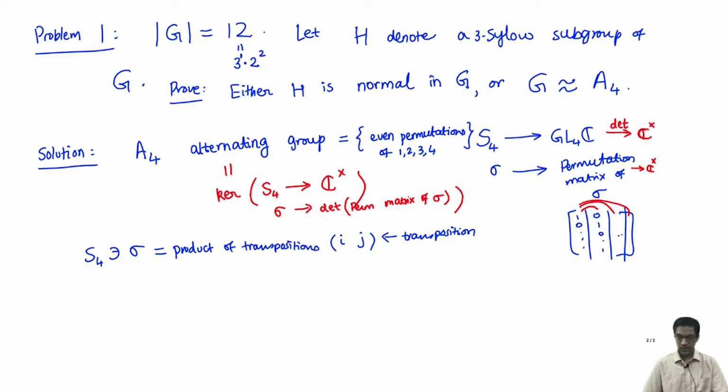In general, we say that a permutation is even if it can be written as a product of an even number of transpositions.